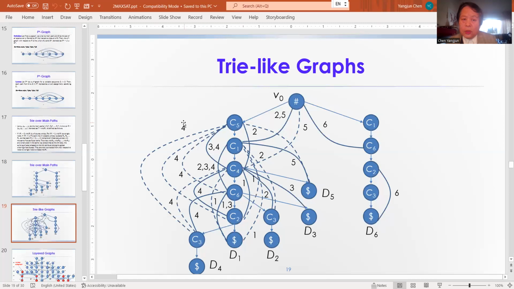For example, the number 4 associated with this spline indicates that this spline belongs to the P-star graph constructed for conjunction D4. And the numbers 2, 3, 4 associated with this spline indicate that this spline belongs to 3 P-star graphs constructed for 3 conjunctions, D2, D3, and D4 respectively.